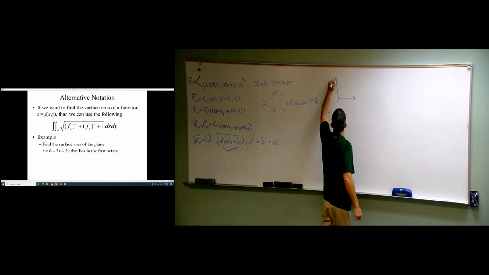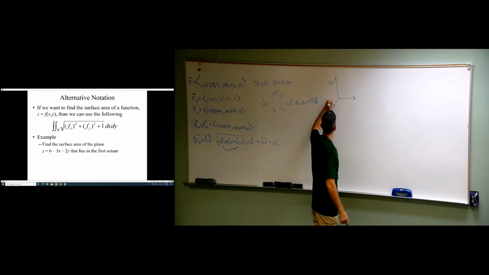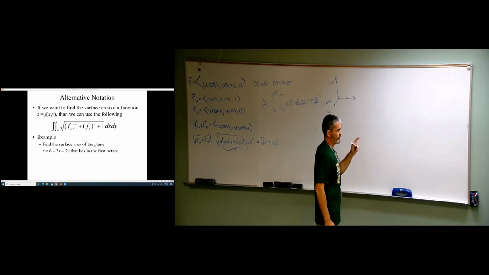So it's hitting the z-axis at 0, 0, 6. We're going to hit the x-axis at 2, 0, 0. And we're going to hit the y-axis at 0, 3, 0.